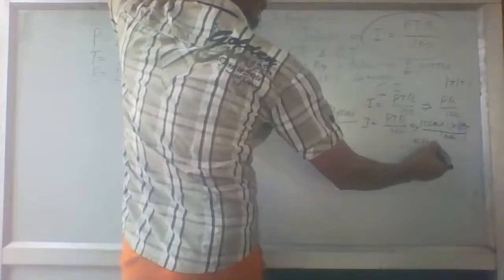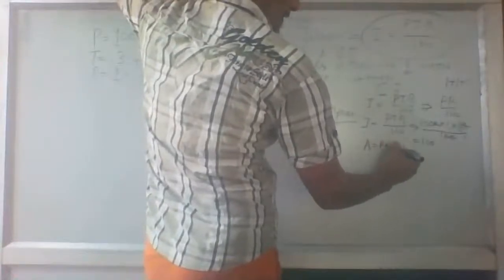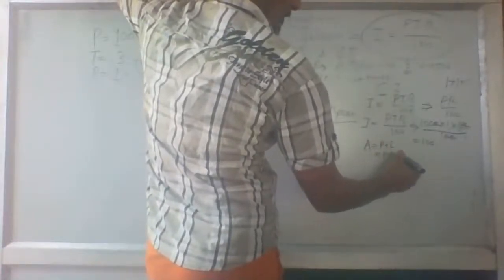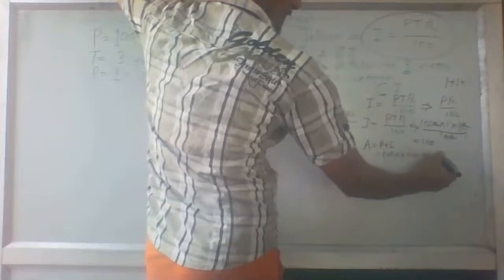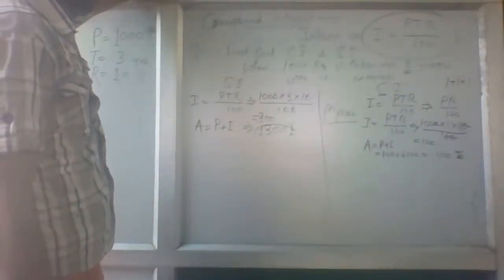It means 100 rupees is interest. Now the amount will be principal plus interest, that is 1000 plus 100, that is equal to 1100 rupees in all.